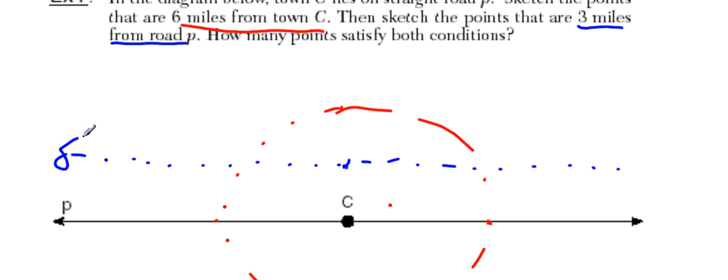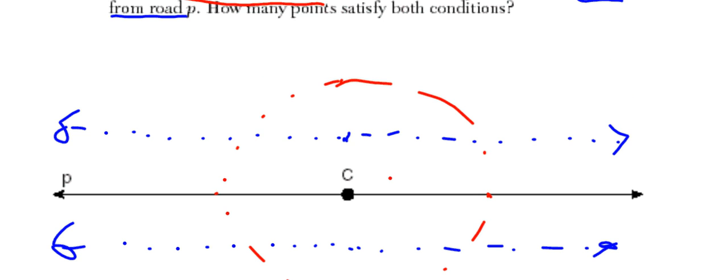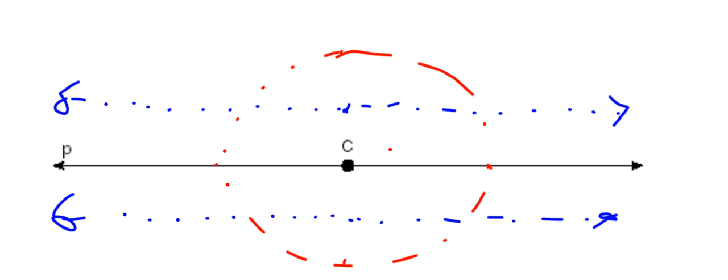So anybody on that blue dotted line is exactly 3 miles away from straight road P. Likewise, anybody on this blue dotted line is going to be exactly 3 miles away from straight road P. So as far as points that satisfy both conditions, well, we've got one here, one here, one here, and one here. So in total, there are exactly 4 points that meet both sets of criteria.